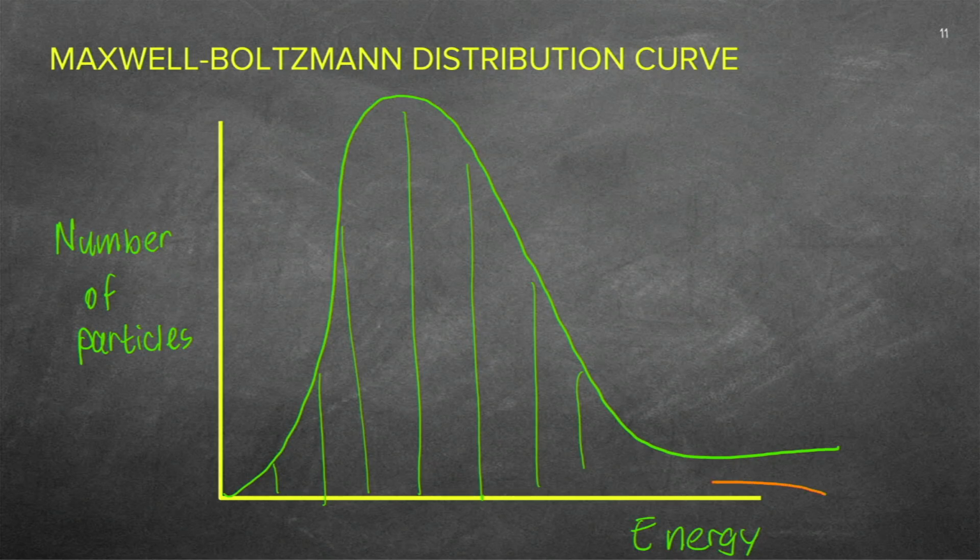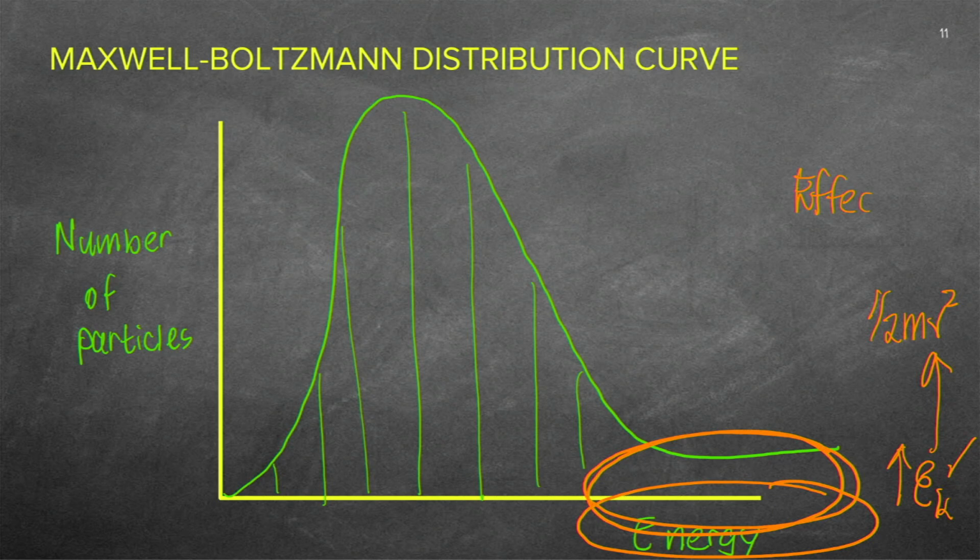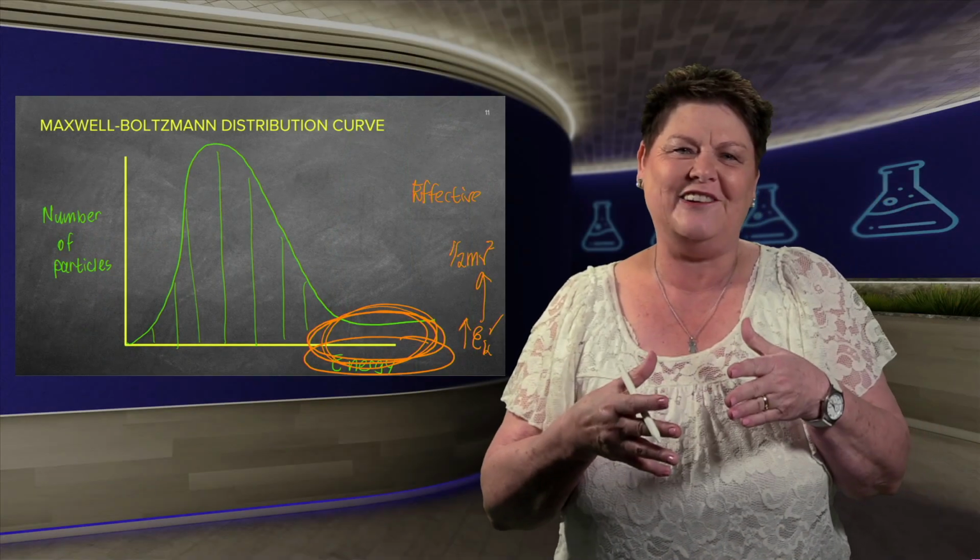So here at the higher end, with the higher kinetic energy, and you know that's related to the speed of the molecules, they only found that it's a few molecules that actually have enough kinetic energy. If it's got enough kinetic energy, it's effective collisions. So it's only these that will be actually participating in the chemical reaction.